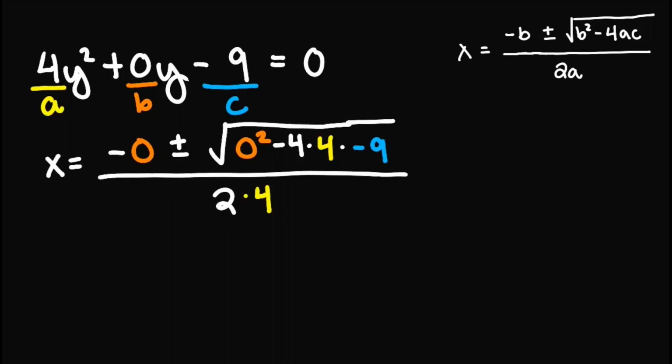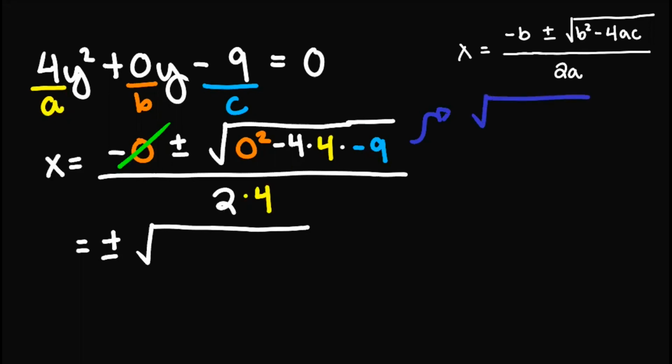Let's simplify. We can remove the 0 here since it's just 0. Then we'll have plus minus the square root of, actually, let's not simplify it first, since we can remove the 0 out here as well.